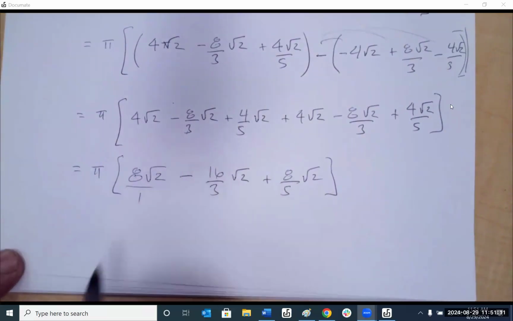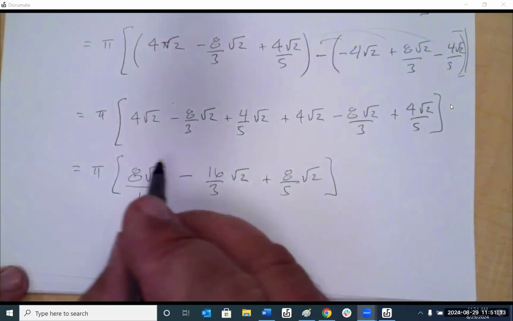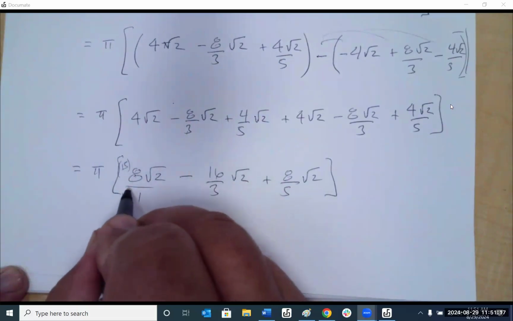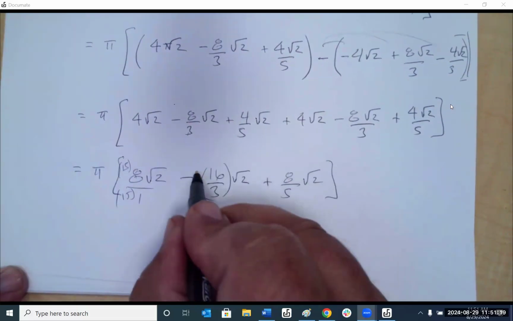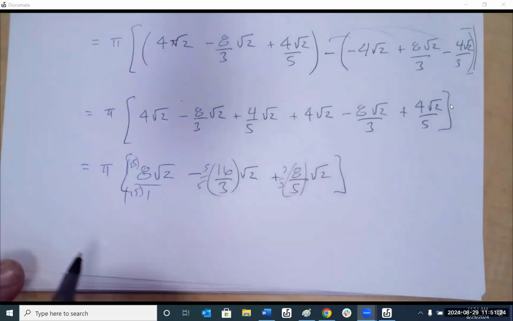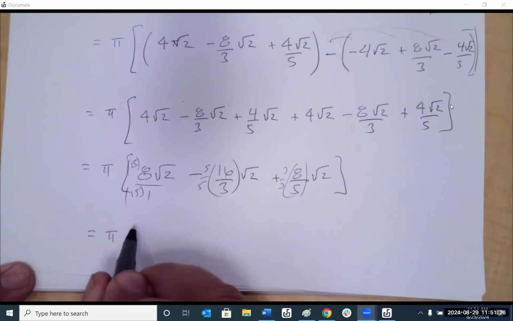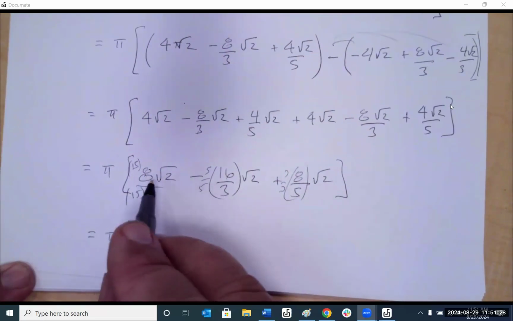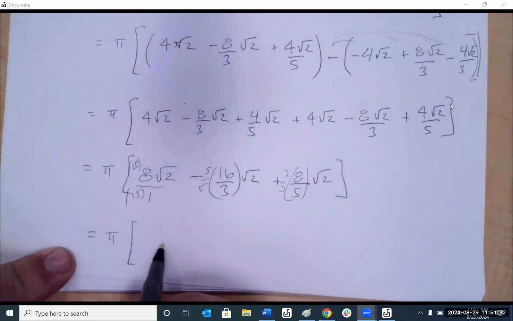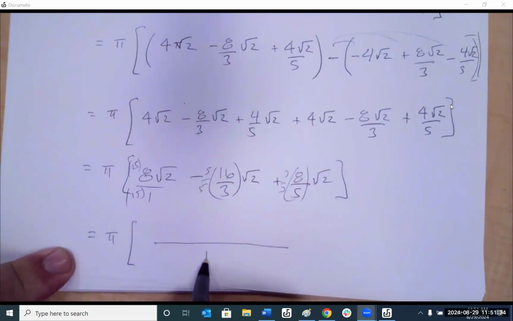The LCD is 15. So 15/15, 5/5, 3/3. So it's all going to be over 15.